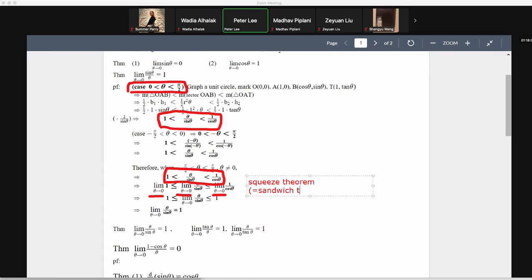They have two names. The squeeze theorem is the more common name, but some textbooks and teachers call it the sandwich theorem. They are both the same thing.